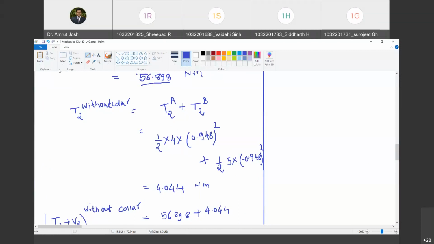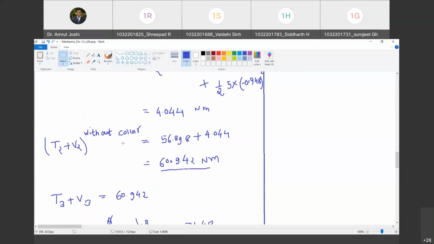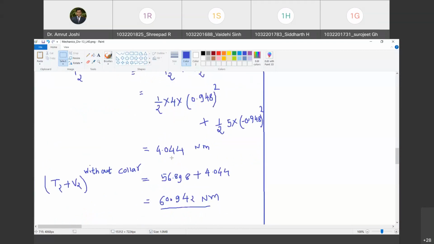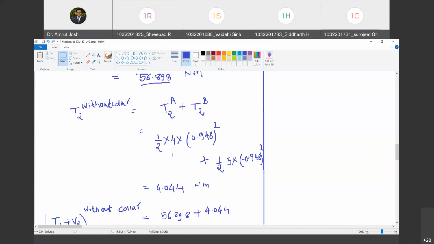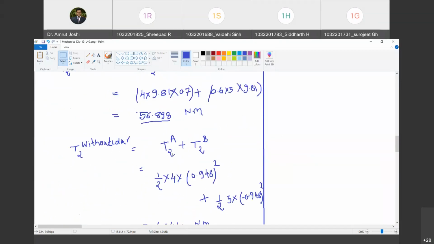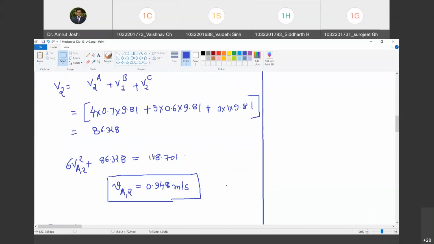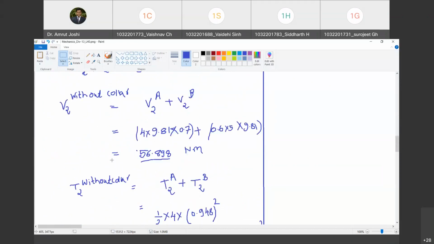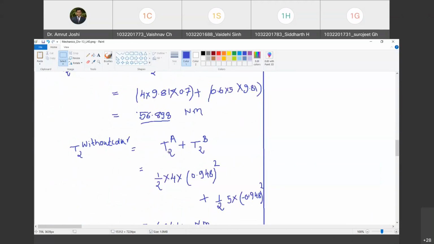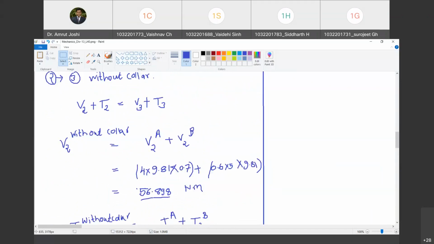Okay, so while writing down T2 and potential energy, Sir, can you show the calculation of VA2? Which one? VA2. This one? Yes.